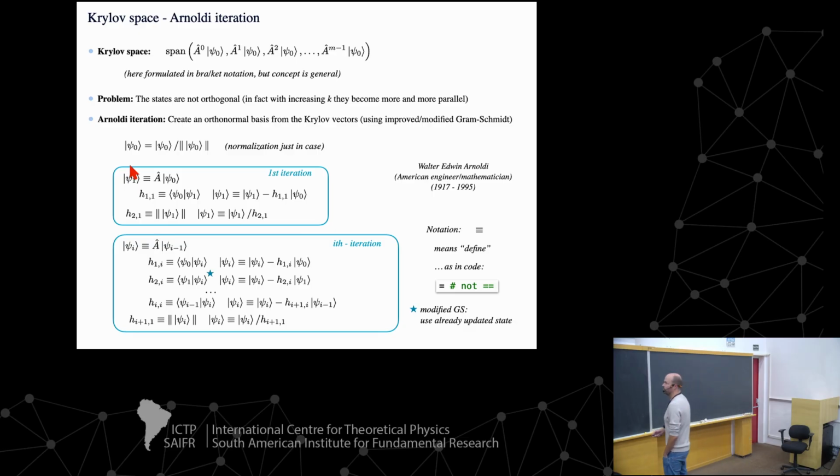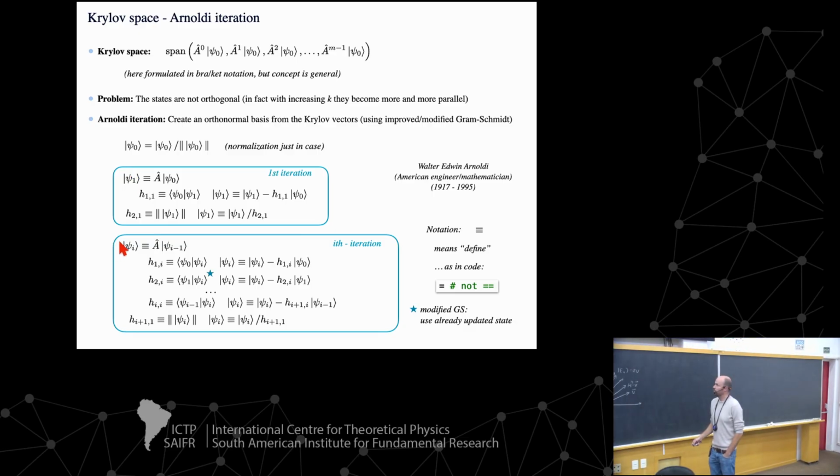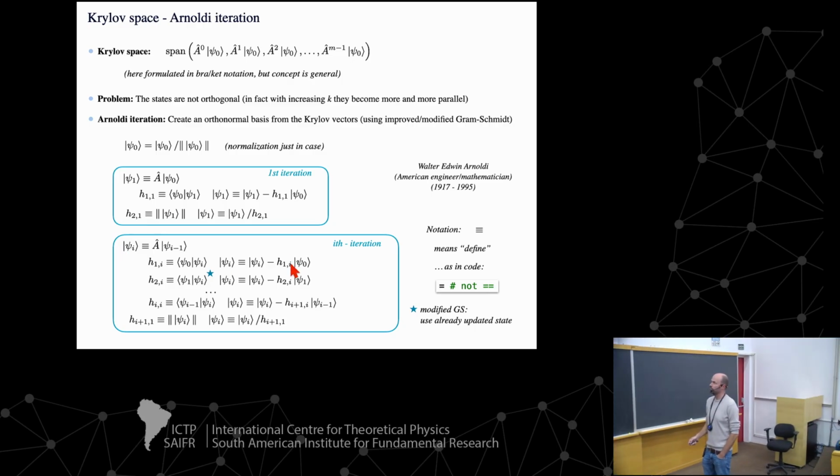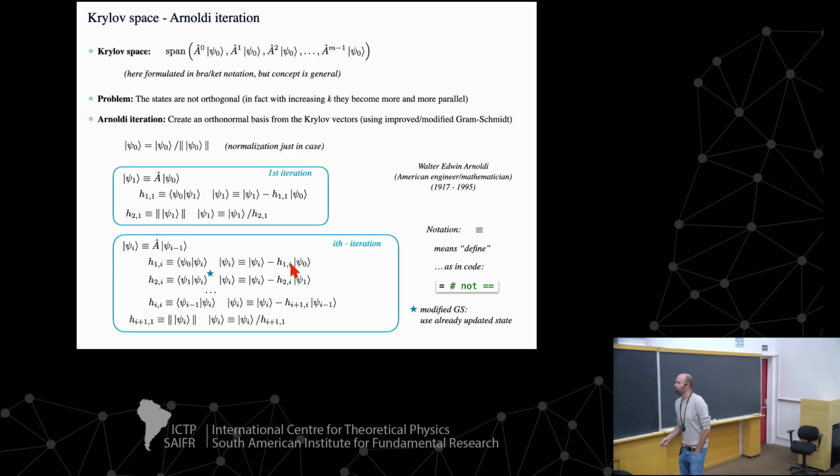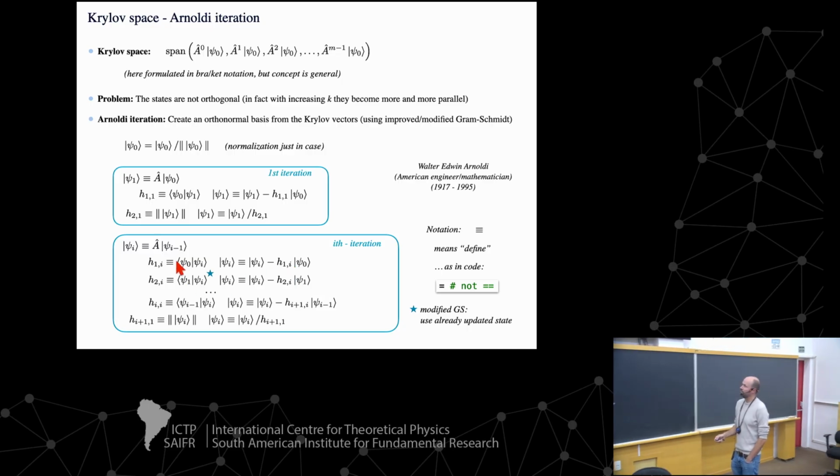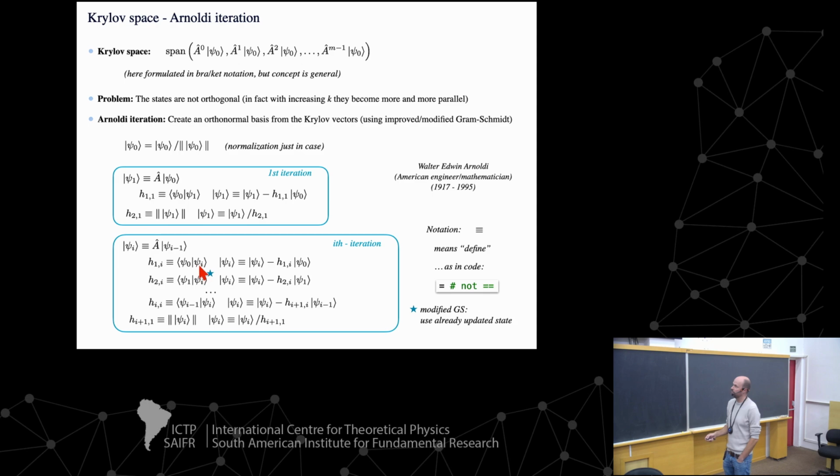And now, in order to make this new state orthogonal with all of the other previous states that I have, I have to loop through all of the previous states and really subtract all of the weights that they have in this new state. Right, so I start computing the overlap with the state psi0 of this new state, the state psi, and I subtract it. Then I compute the overlap with the state psi1 and so on, all the way up to the overlap psi i minus 1, psi, and I subtract it.